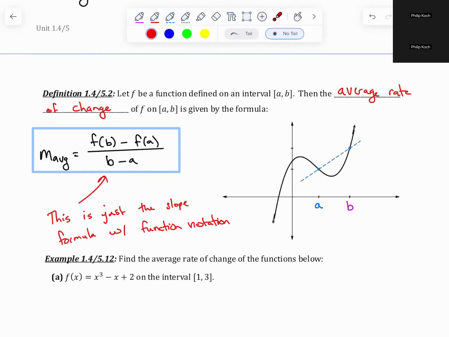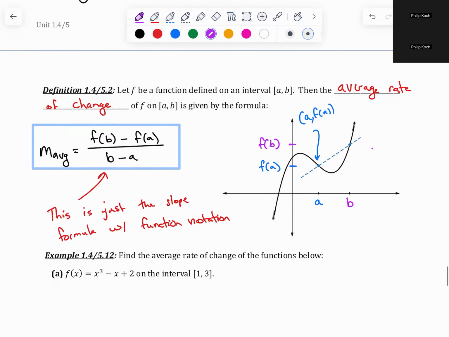So this value is f of A. And the further value over here, that's f of B. So in particular, this first point is the point A comma f of A, and this is the point B comma f of B.